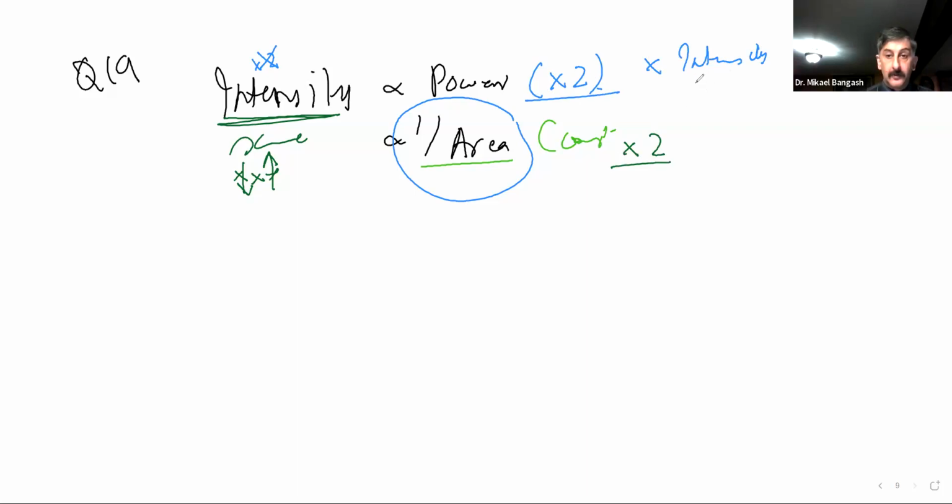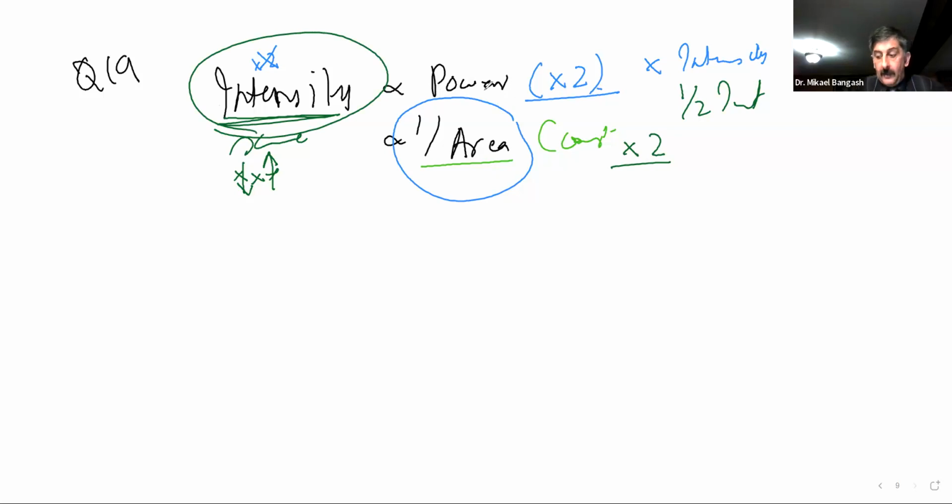That is going to halve the intensity that was doubled by doubling the power. So why does it say the intensity stays the same? Because that's what they wanted you to do, in spite of the power being doubled.